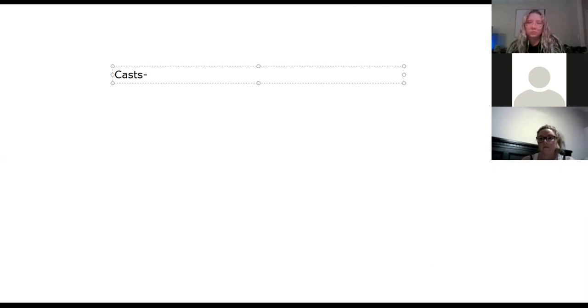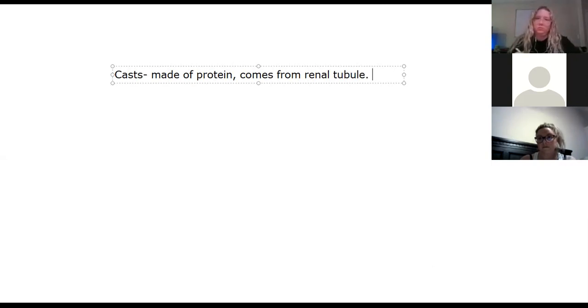So I wanted to review casts, and what they are is made of protein. And it's going to be located in the renal tubule. So it comes from renal tubule. And we have 4 types of casts.